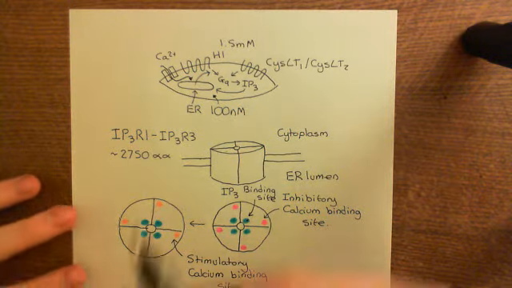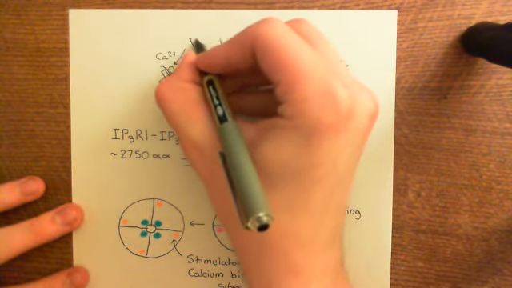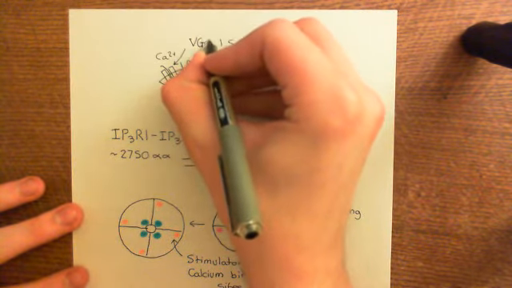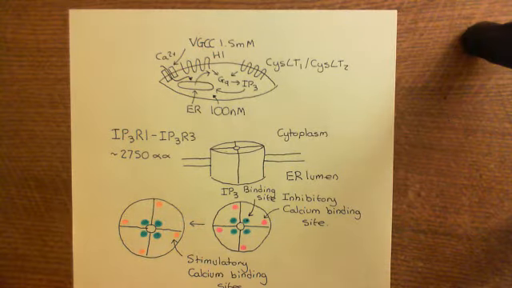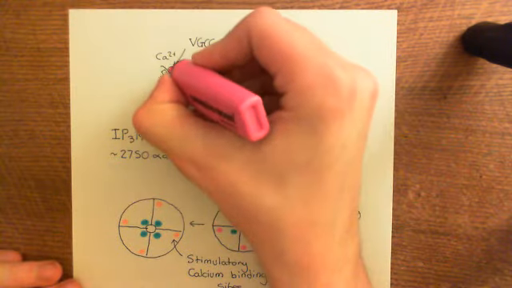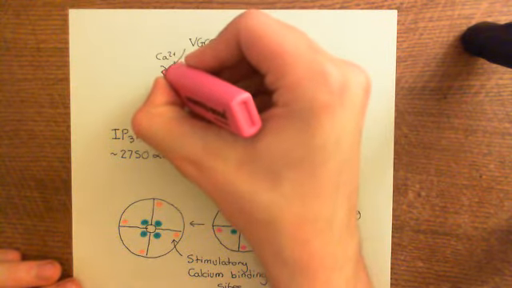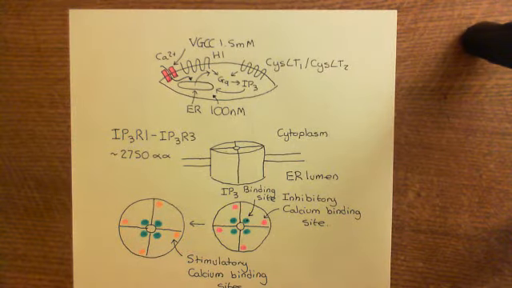So if these are voltage-gated calcium channels, and the abbreviation for voltage-gated calcium channel is VGCC, then they need depolarization of the electrical potential difference across the membrane to open them. Now, if we've hyperpolarized the membrane by opening these BK channels more and allowing potassium to leave the cell, then the chance that these voltage-gated calcium channels are going to open is going to be slimmer.